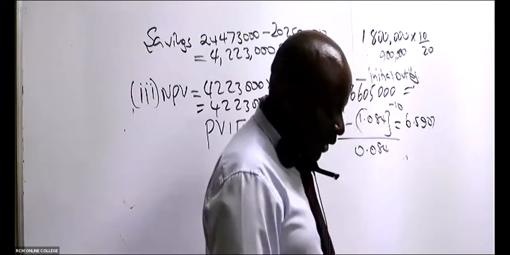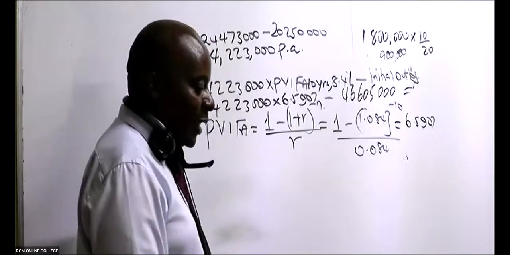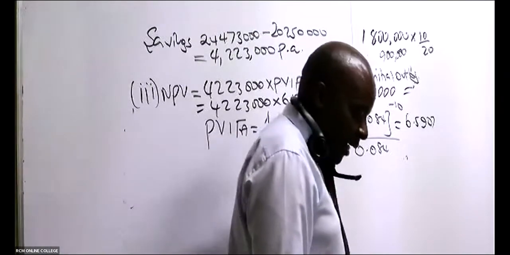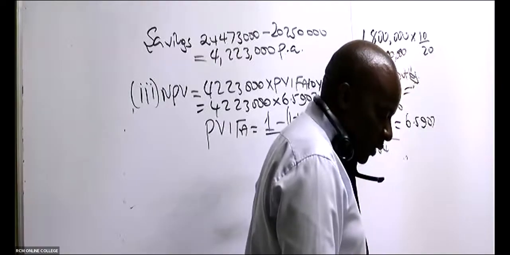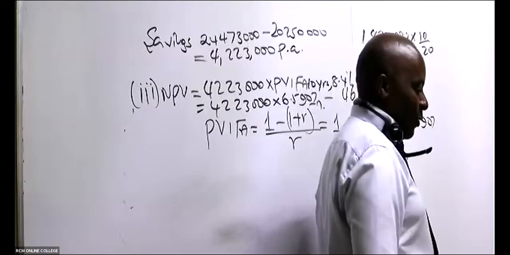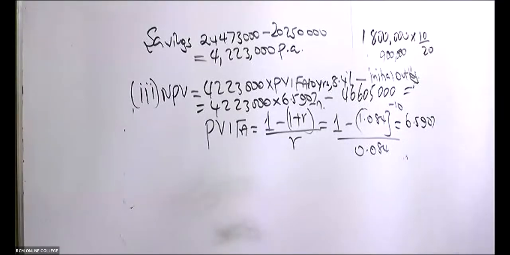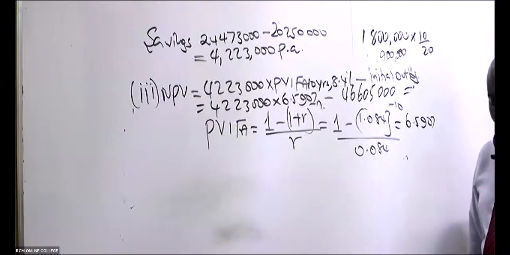It's minus 18 point something, a very ugly figure. Minus 18,772,473.9. And because it's negative, we are saying that the company should abandon the idea of the new bond and maintain the old bond.